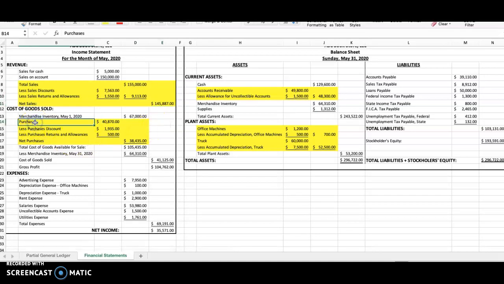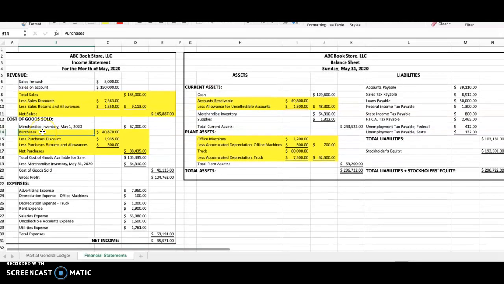We've also recently looked at how we reduce purchases. And I want to spend some more time with this today, but purchases basically is the account shown when we buy merchandise, when we buy things that we will resell. So we bought purchases in the month of May.